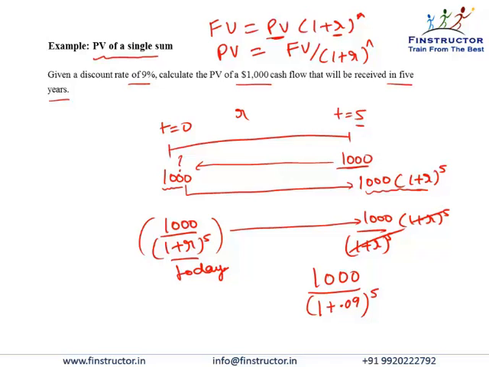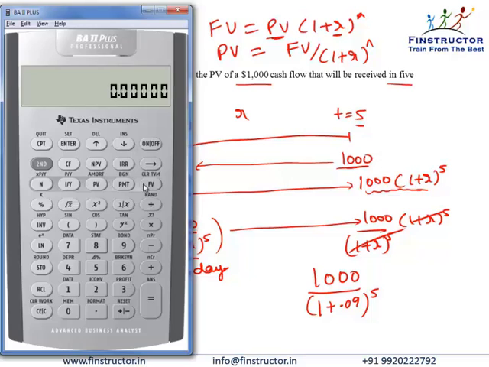Again, we'll calculate this using the brute force method first, and then using the time value of money sheet. Let's first calculate 1.09 to the power 5. So we'll use the function y to the power x, 5, and press the button equal to. So it comes out to be 1.53862.